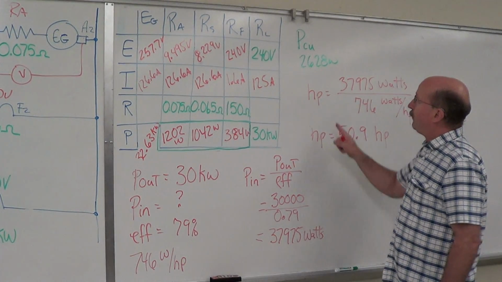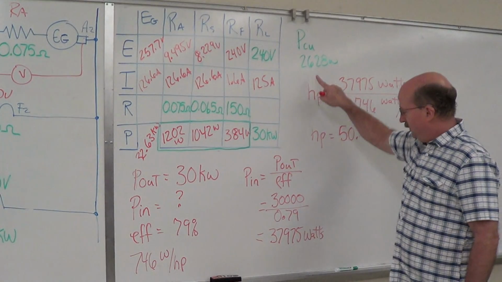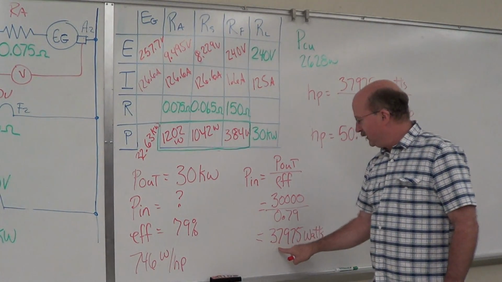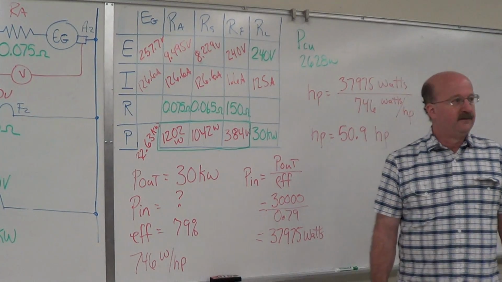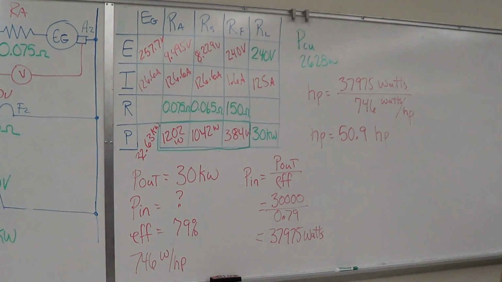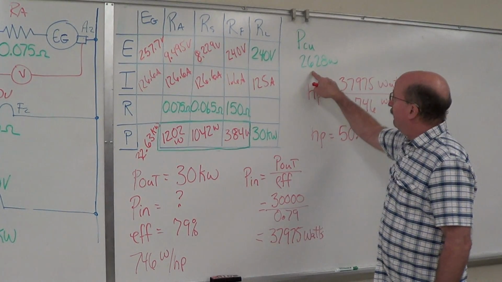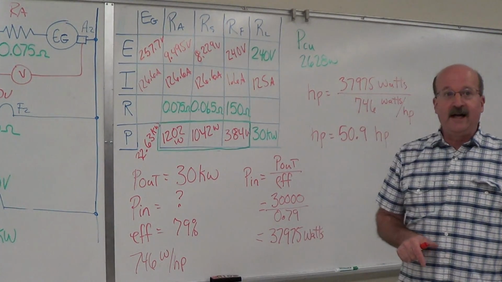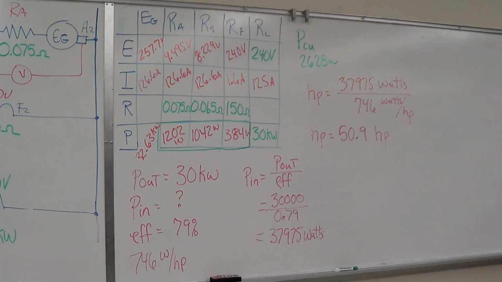What did we say our copper losses were? 2628. We know our power in is 37,975. 37,975 minus the 2628 will give you your non-copper losses: eddy current losses, windage losses, friction losses, all those others.